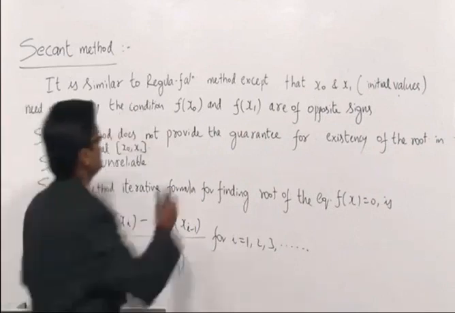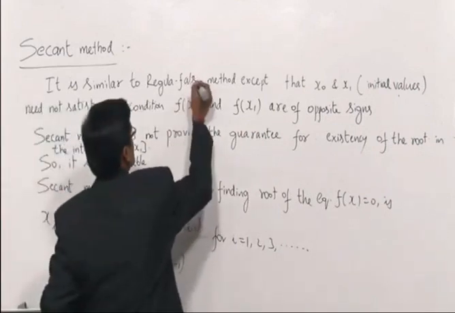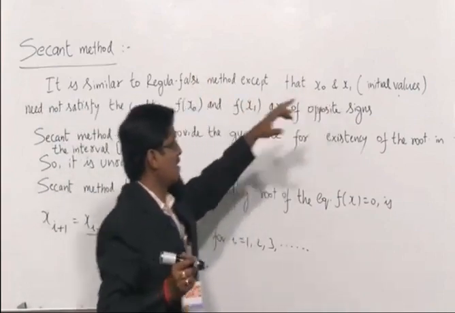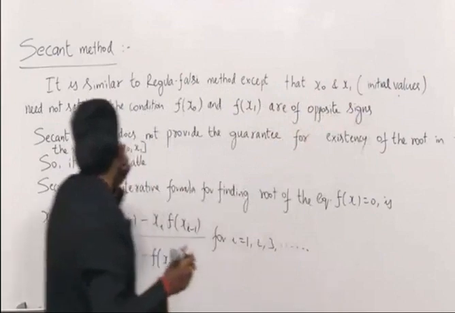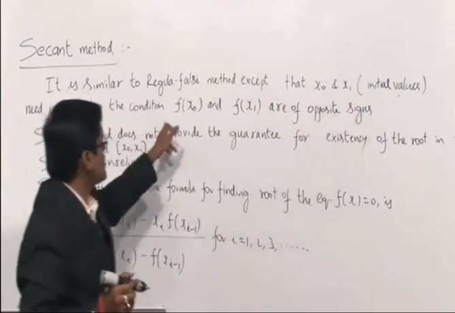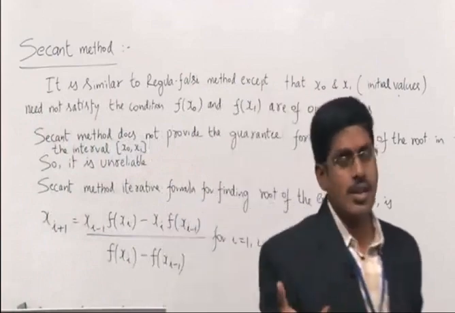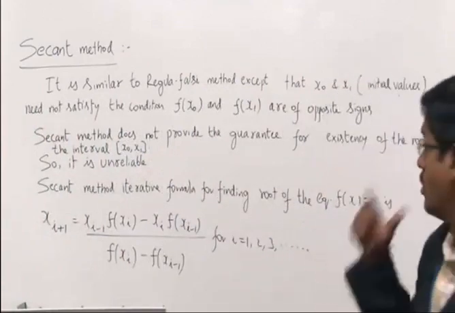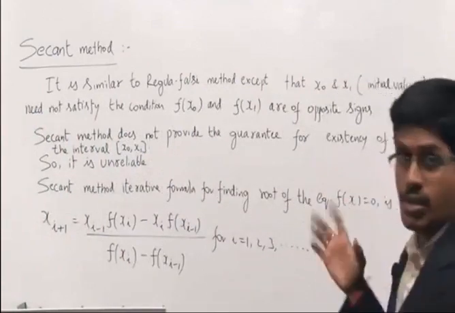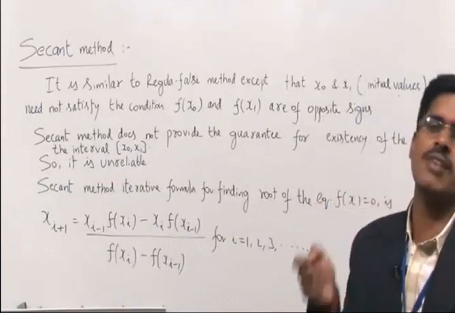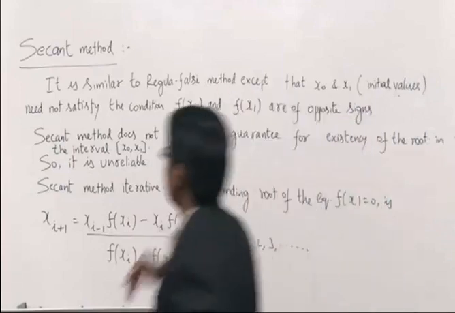Now it is similar to the regula falsi method except one condition. x0 and x1, that is the initial starting values, need not satisfy the condition that the function values are of opposite signs. That means the function values can be of the same sign also. Irrespective of the signs of the function values, we can apply this method.